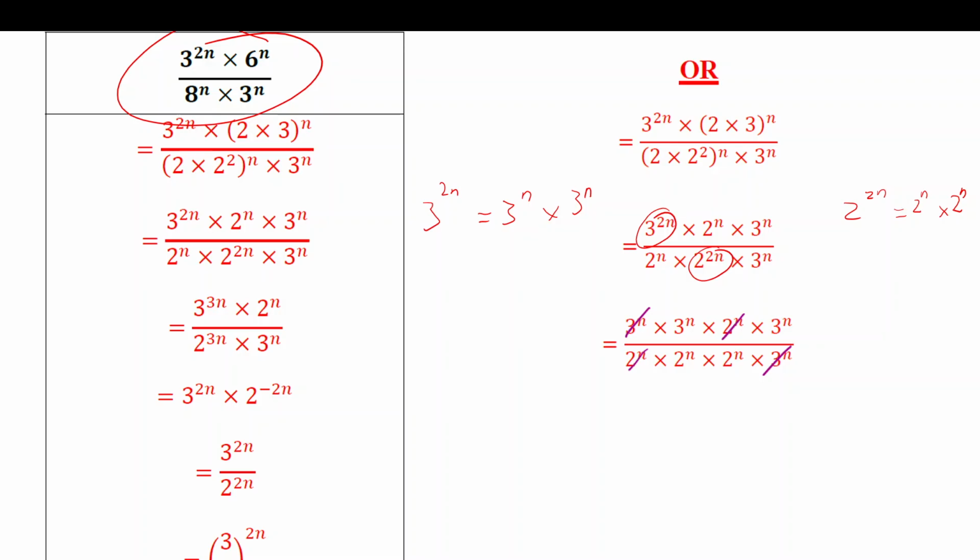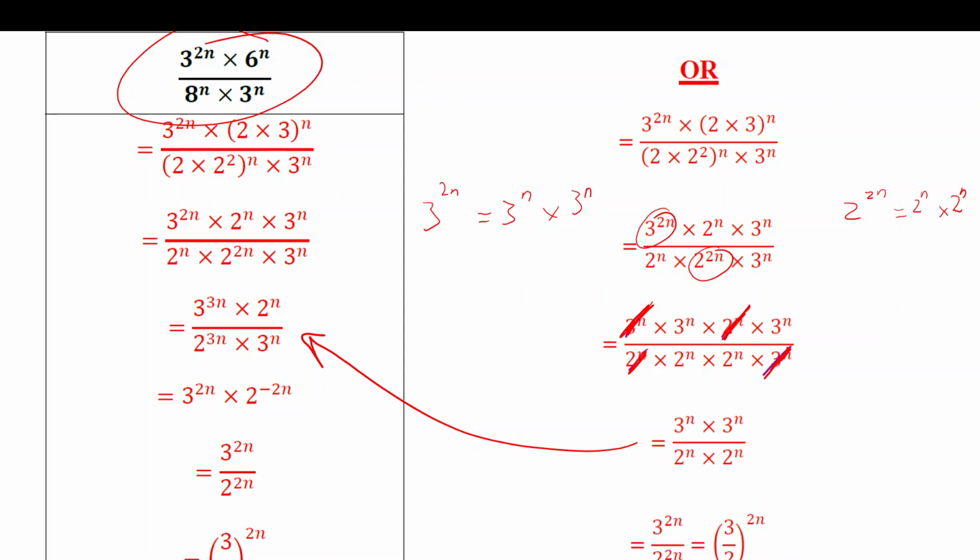And so now it becomes super easy to just cross out anything that's on the same top and bottom. So 3n and 3n, 2n and 2n. So we're left with exactly what we got here. Oh, actually not really, sorry. Take that back. Not exactly the same.